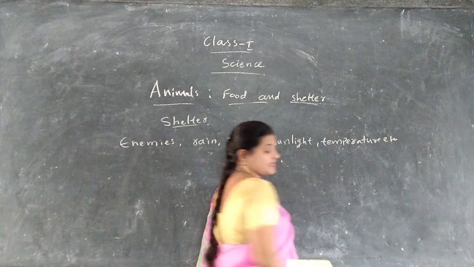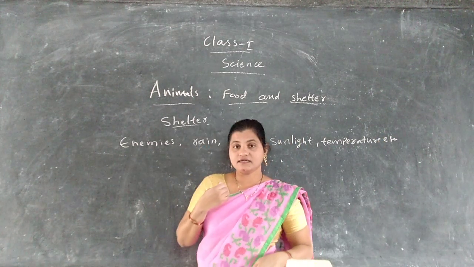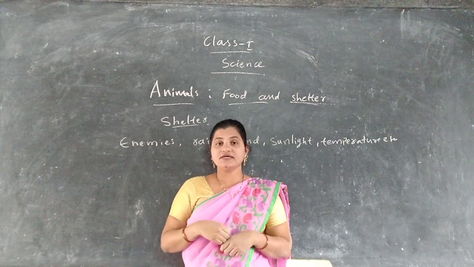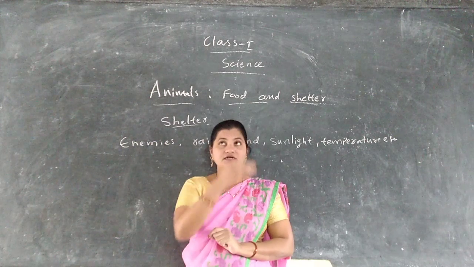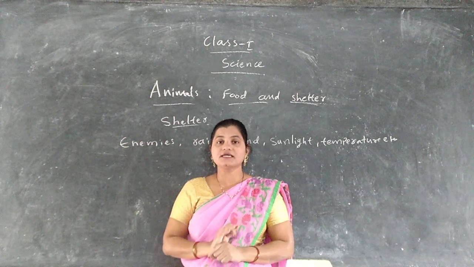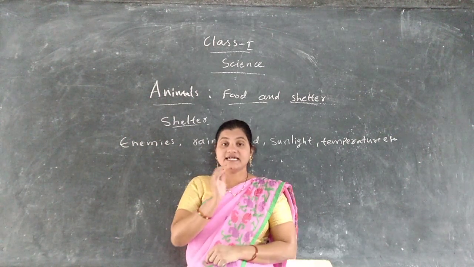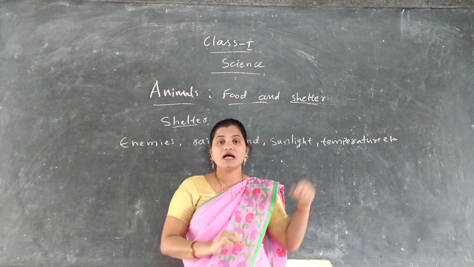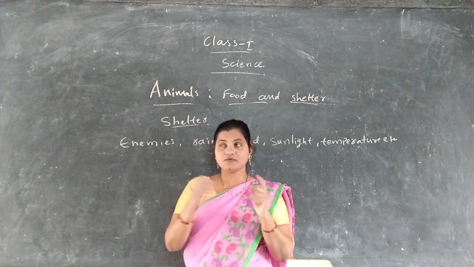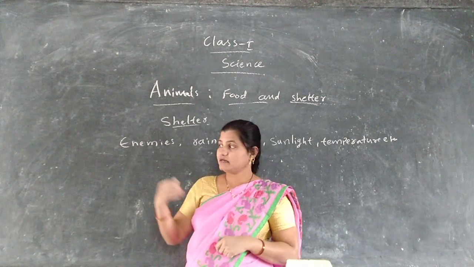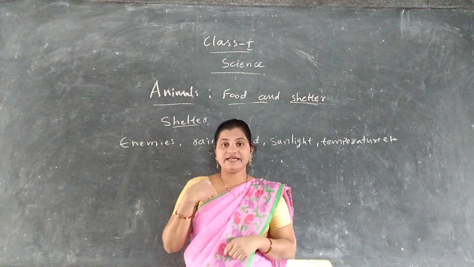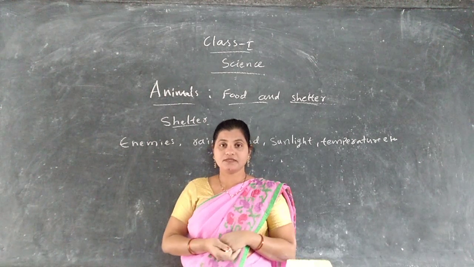Okay, how do we keep ourselves safe by living in homes? How does our house give protection to us? In the same way, the shelters give protection to animals. When it is raining outside, we are not getting wet because we are staying in the home.